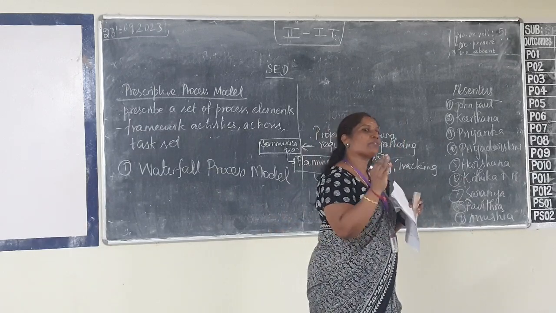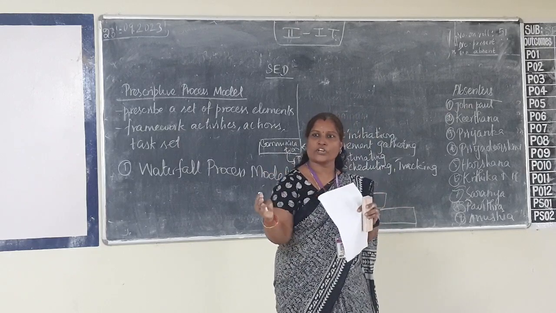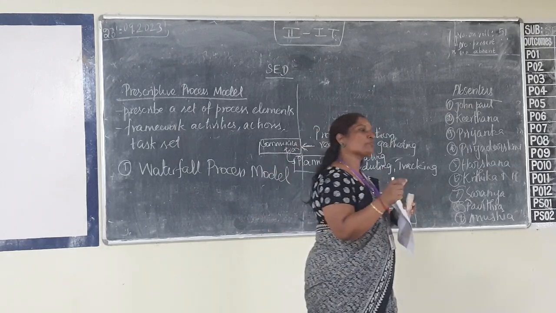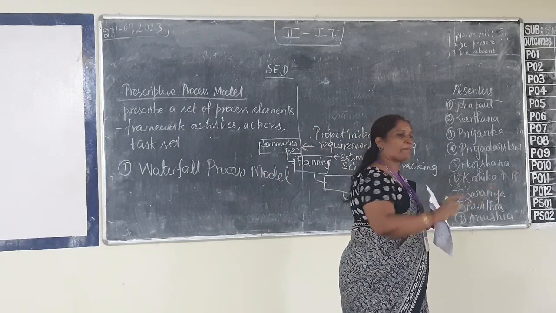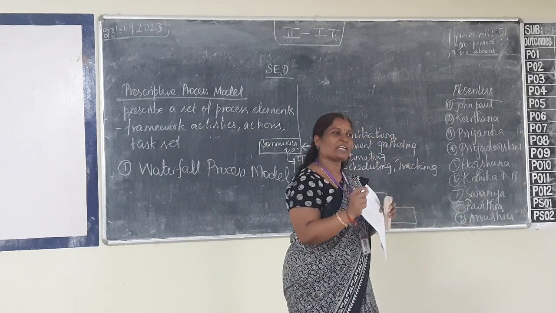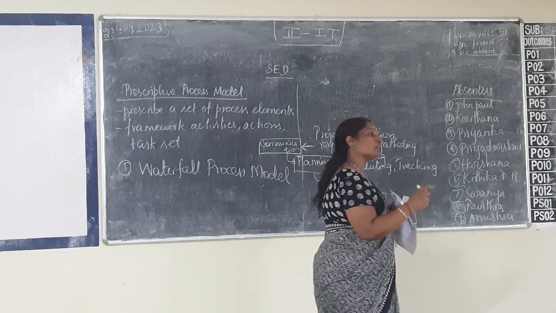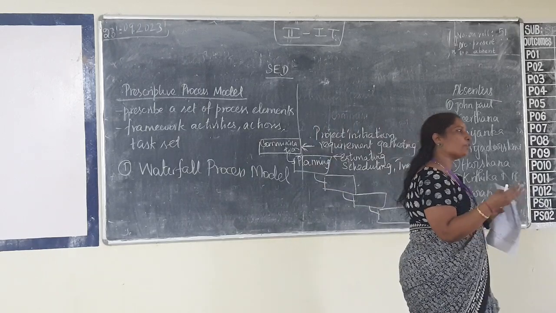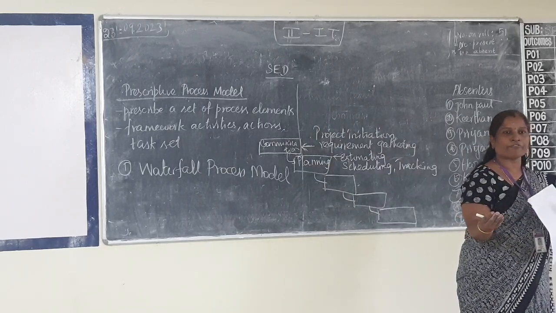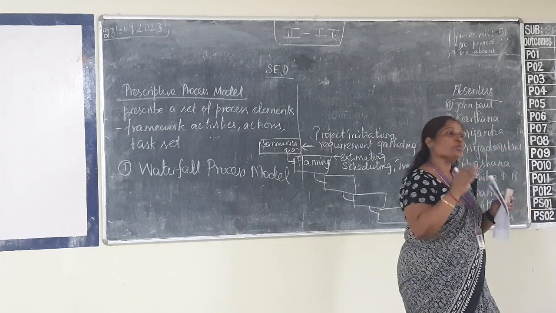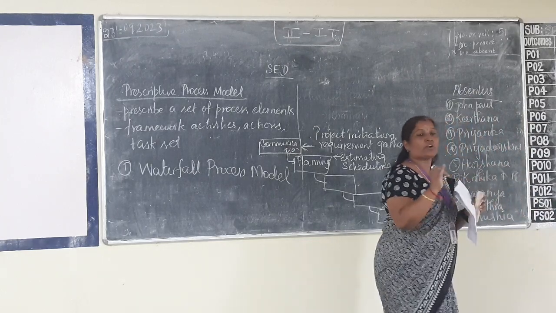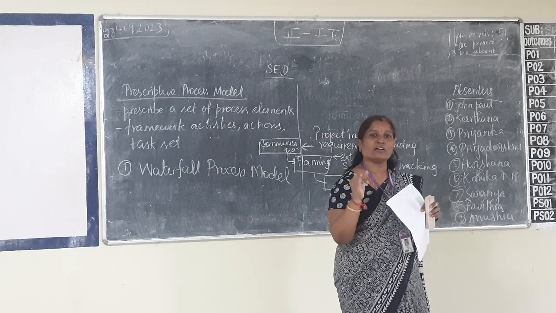This project can be divided into 5 modules or 5 phases. Each module can be given to 10 people and this module has to be completed within 2 months. Maybe the second module may require 1 month, the third module 3 months, the fourth module only 15 days. It's like that we need to estimate the time, and not only the time but even the budget.